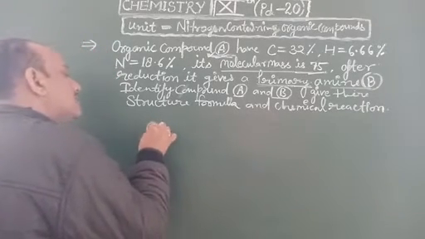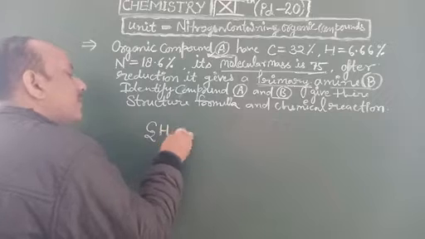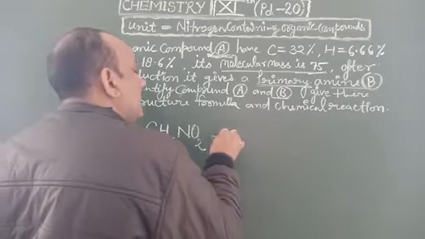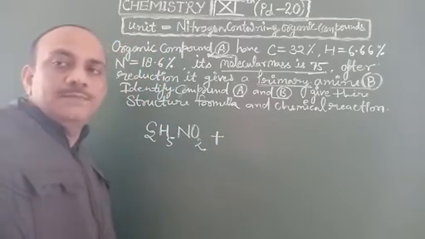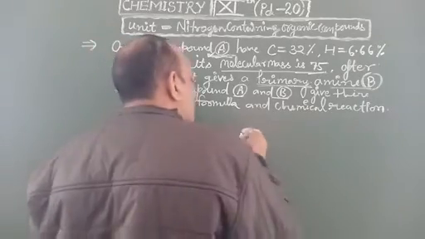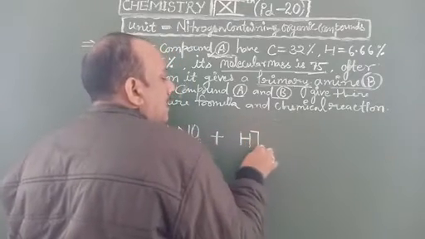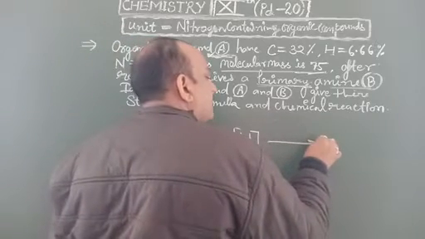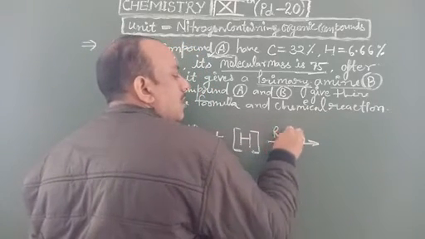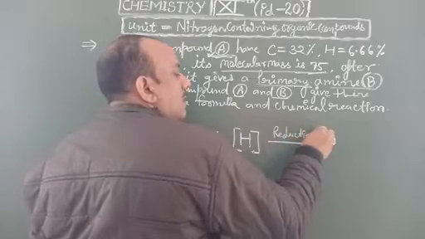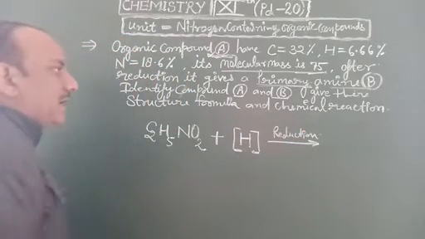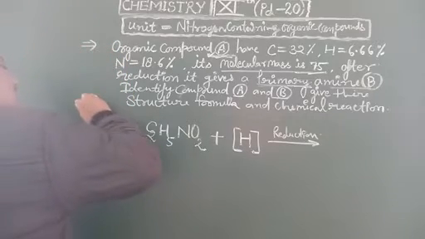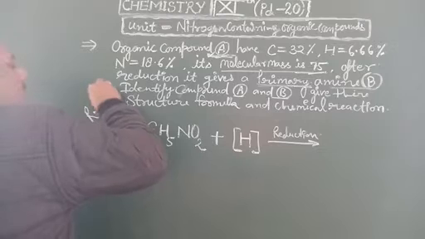Compound A is C2H5NO2. It is reduced by nascent hydrogen, known as the active mass of H, and after reduction it makes a primary amine. The simple formula of a primary amine is RNH2.